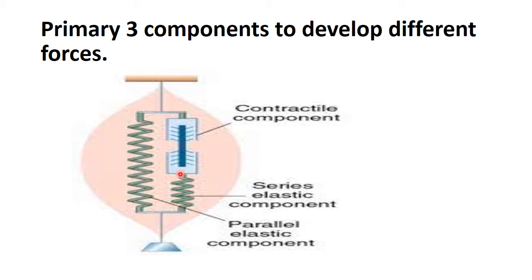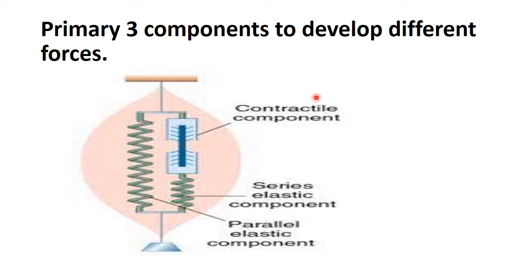So whenever there is a contraction, these two parts get contracted. But at the initial length, at the resting condition, once we apply the load, the series elastic component is elongated. And the parallel elastic component offers resistance to elongation of the length, and this is responsible to store the energy in the form of recoil.